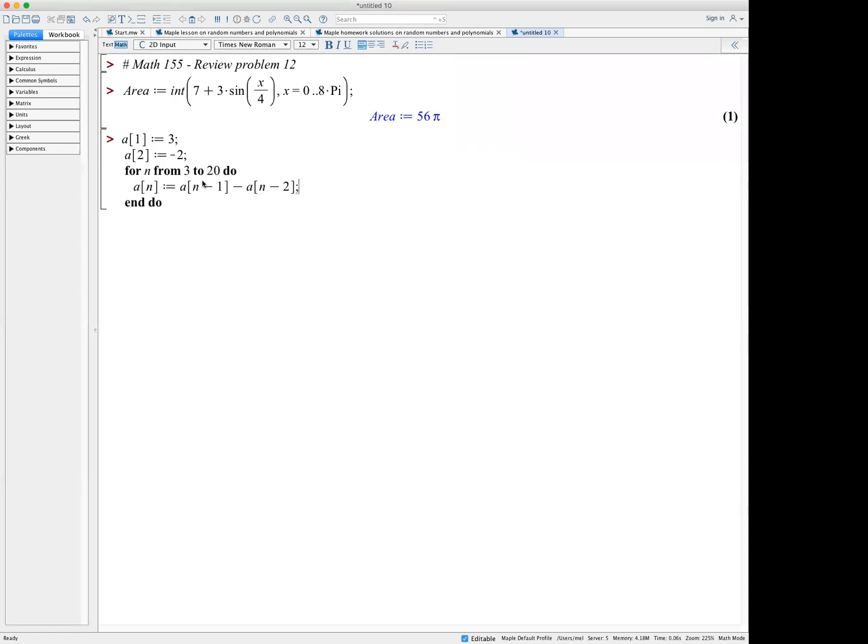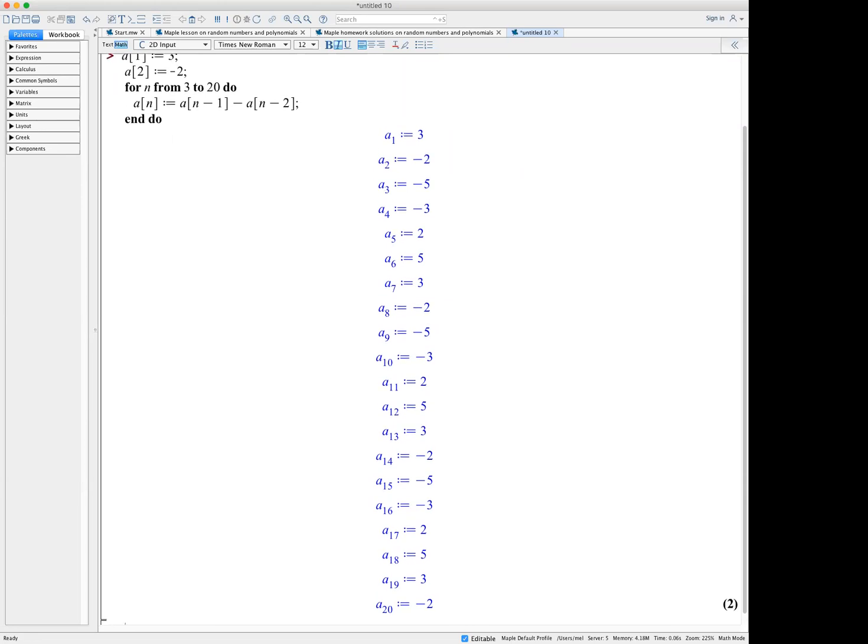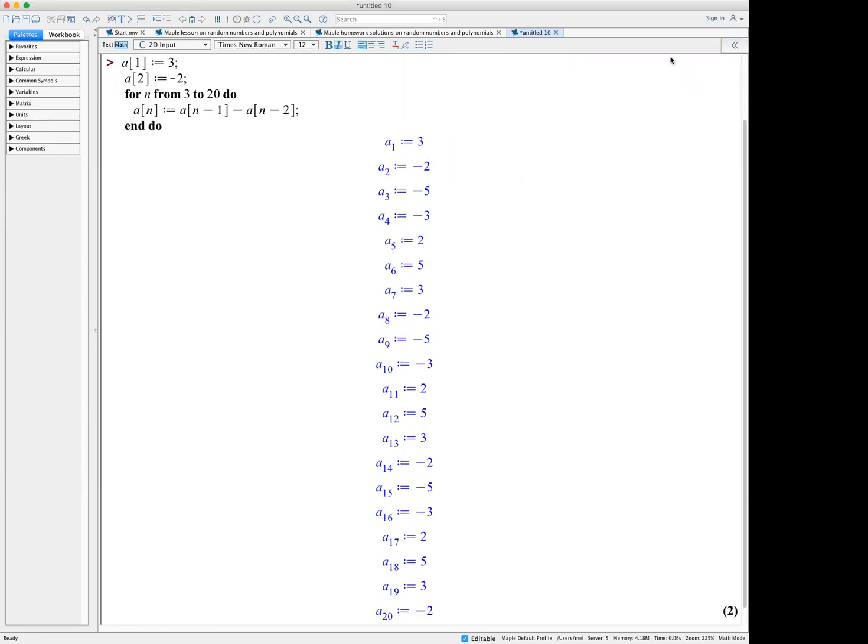So 3 minus 2, and here, A20 is negative 2. Okay?